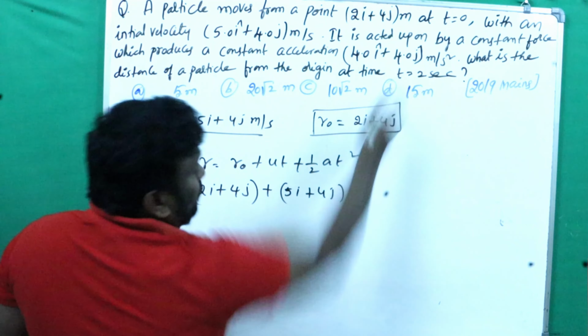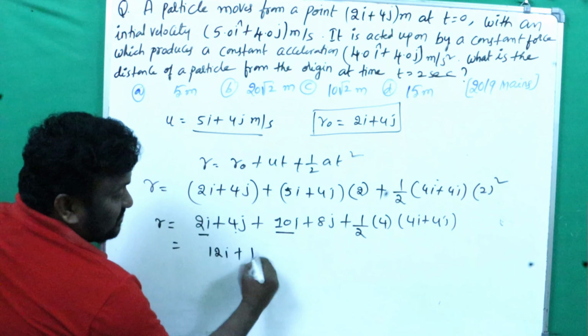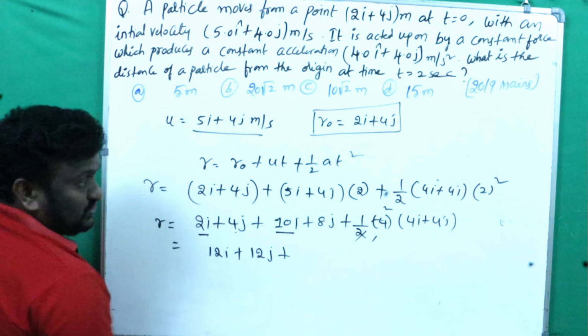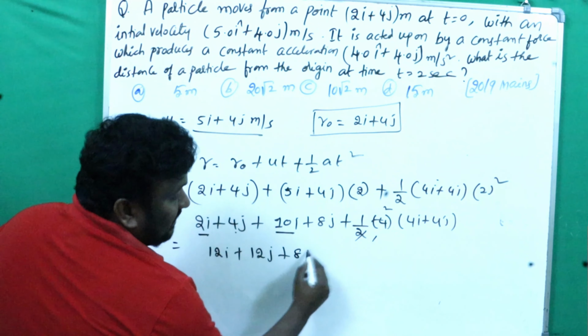r equals 2i plus 4j, plus 5i into 2, 10i, plus 4 into 2, 8j, plus 1 by 2 of 2 square, that is 4 of 4i plus 4j. So here 2i plus 10i is 12i, 4j plus 8j is 12j, plus 2 ones are 2, 2 2s are 4, so we have 2 into 4, 8i, and 2 into 4j, 8j.